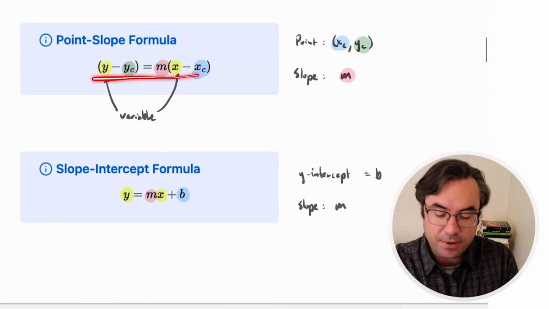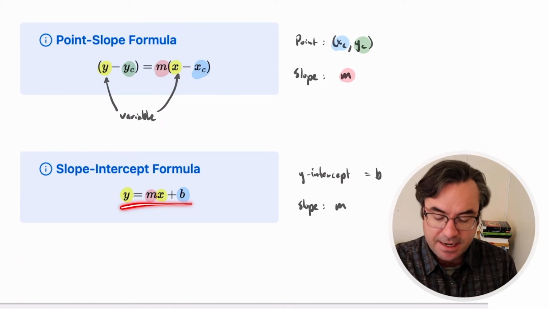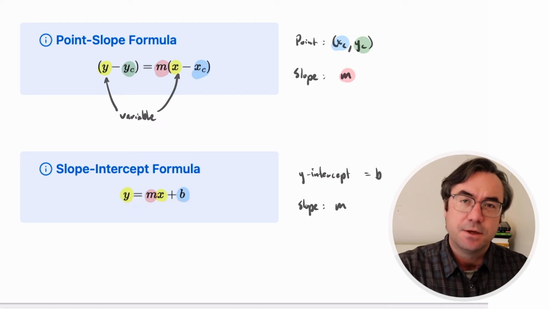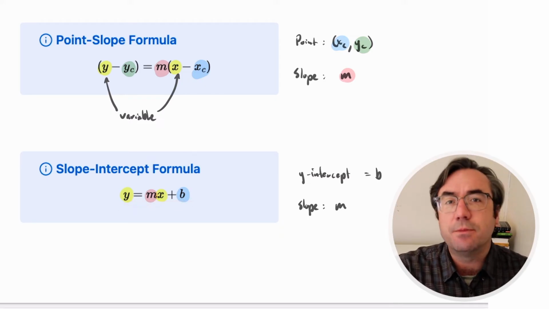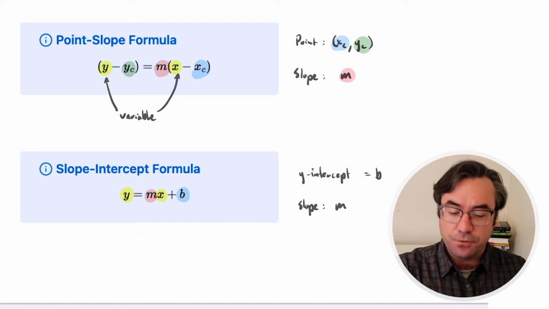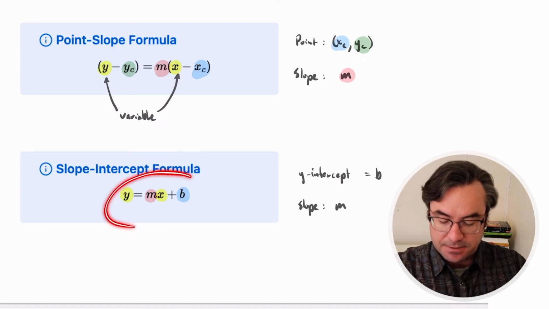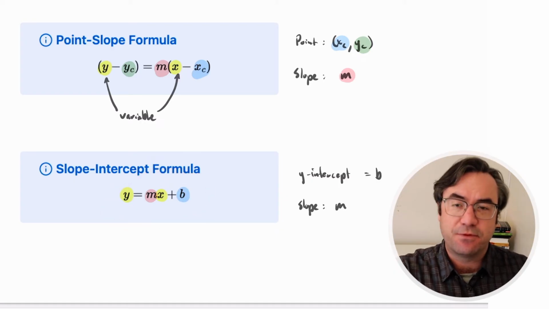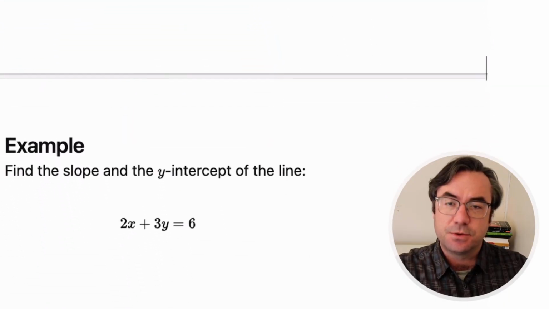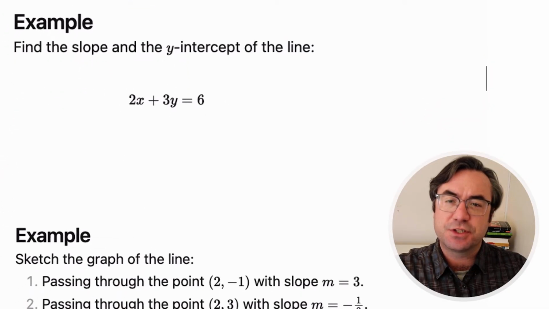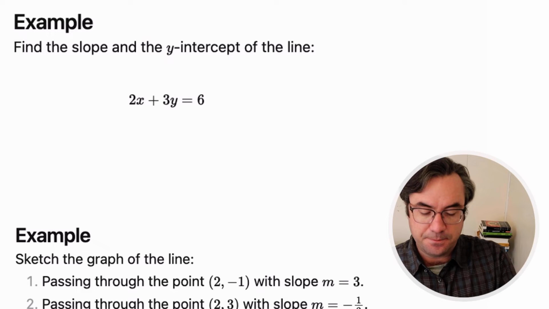It's not in point-slope form, and it's not in slope-intercept form. So we're going to have to do a little work to get it into one of those forms. Let's get it into slope-intercept form. Essentially, we're going to solve this equation for y.